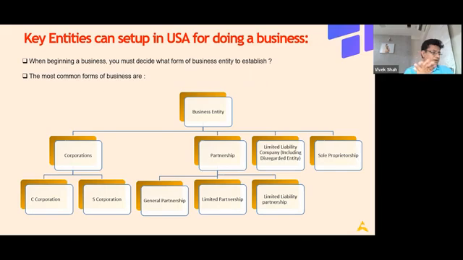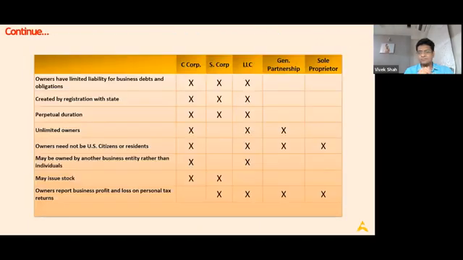If you can move to the next slide, I'll be covering some fundamental differences between each structure. This is a great chart, and you will get everything from this chart. The C corp: the owners have limited liability created by the registration with the state, perpetual duration, unlimited owners. Owners need not be a US citizen or resident.